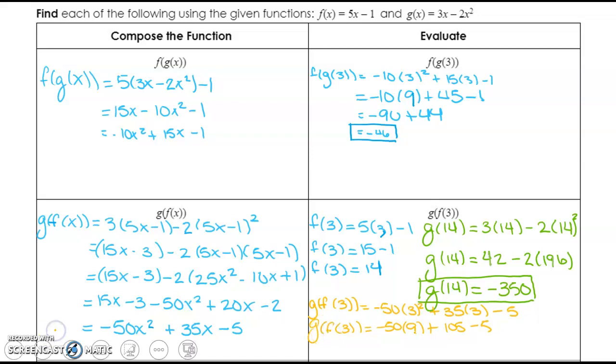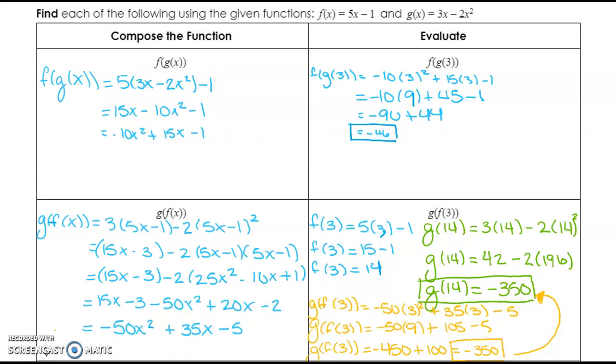Okay, and then simplified a little bit further, we would get g of f of 3 is equal to negative 450 plus 100, which is equal to negative 350. And so now you can see that this is actually the same answer. We've just used 2 different methods here.